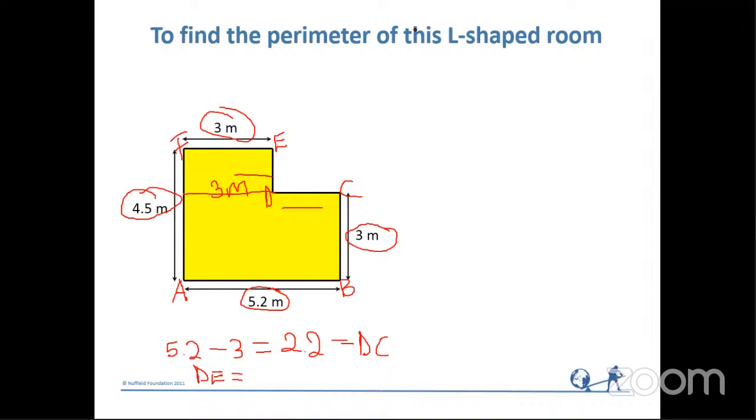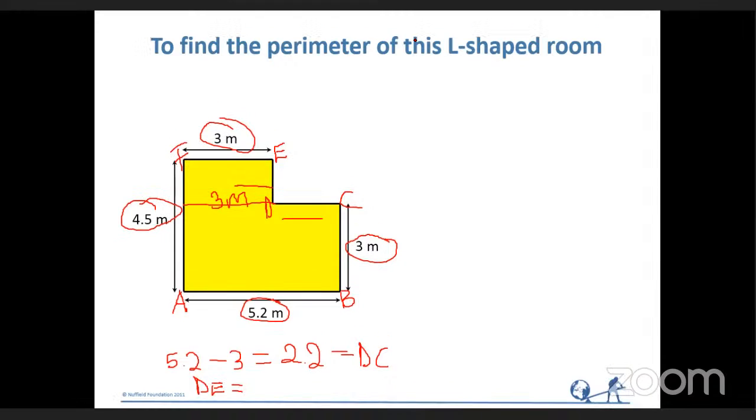Bridget and your friend, how do we find DE? Treasure, how do we find DE?